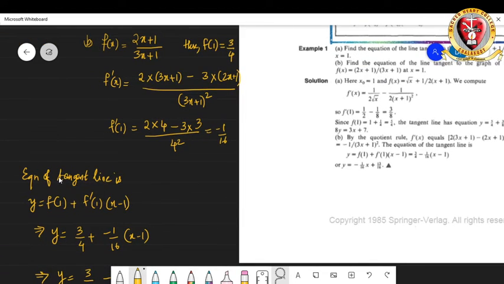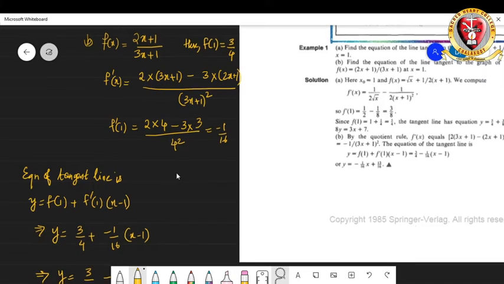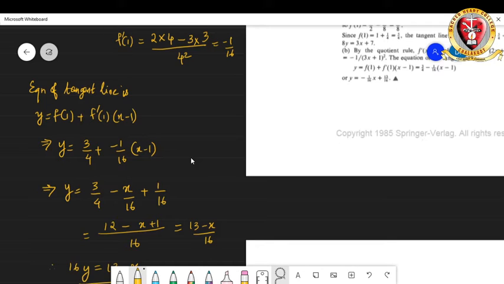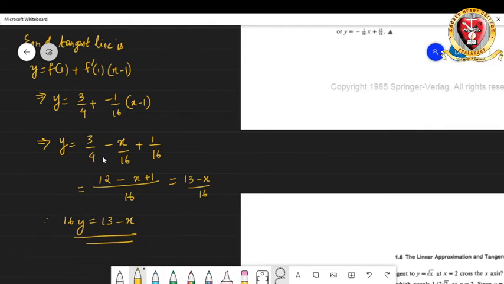So in total, equation of the tangent line is y is equal to f of 1 plus f dash of 1 into x minus 1. So here you have f of 1 to be 3 by 4 and f dash of 1 to be minus 1 by 16. So finally you get y is equal to 3 by 4 minus x by 16 plus 1 by 16. Take the LCM.